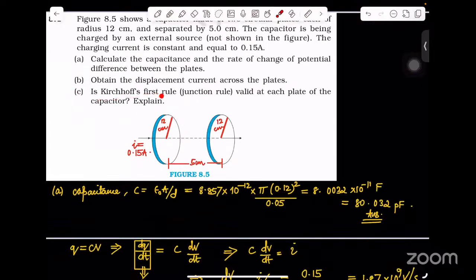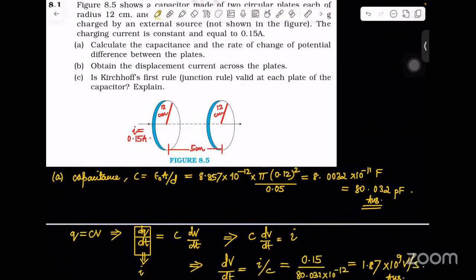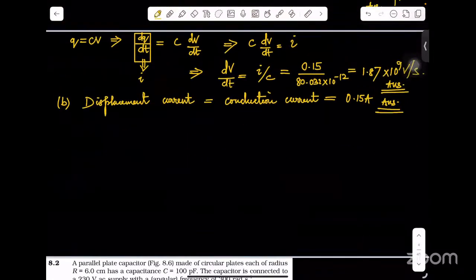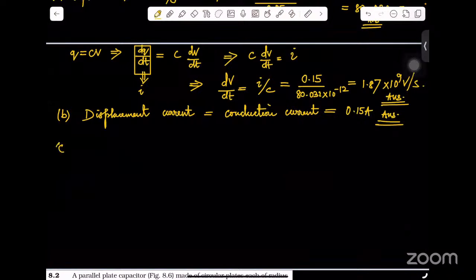Is Kirchhoff's first rule, that is the junction rule, valid at each plate of the parallel plate capacitor? Explain. So first of all, let's understand what Kirchhoff's first law is.